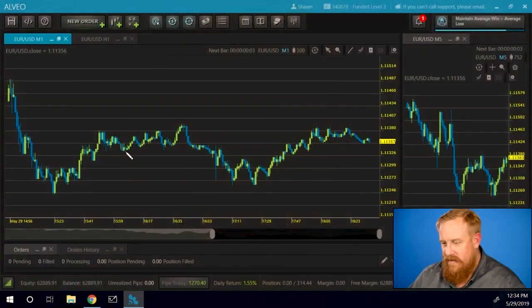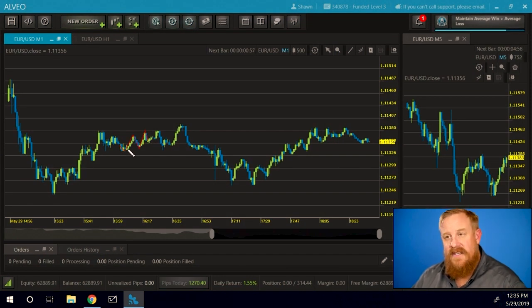What you'll see me use is what we call the time cycle, where we measure the distances between the short-term pivots, the time it takes the market to pivot, and you'll see me use that occasionally as I'm looking at when is a good time to get in.